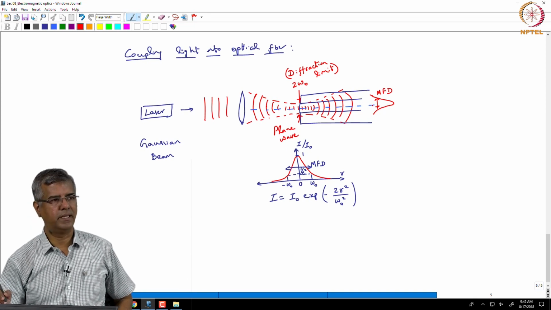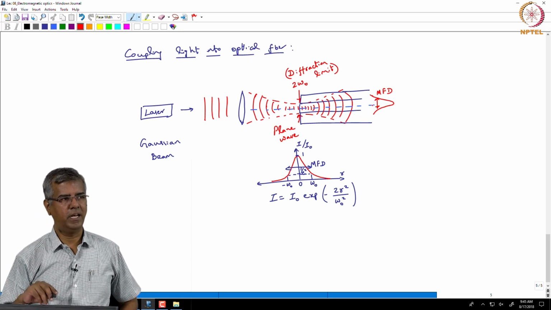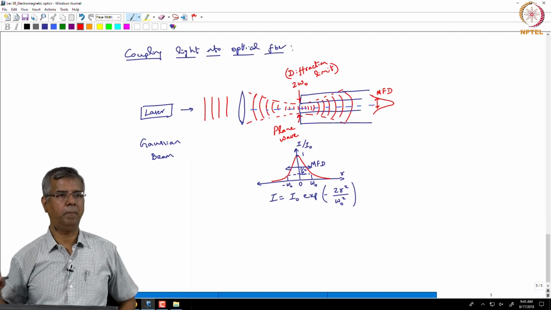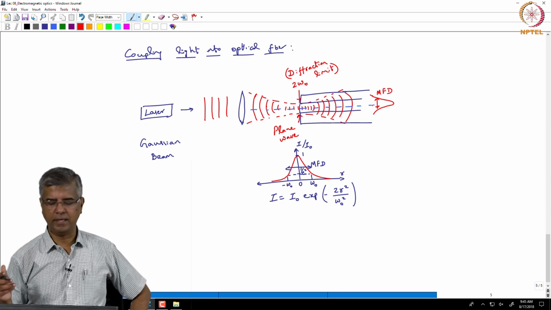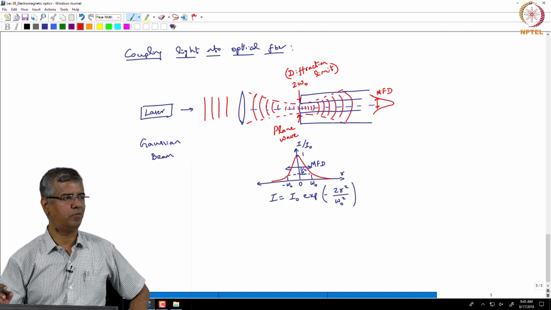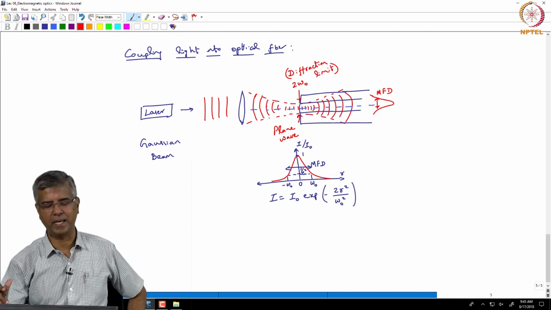Okay. You understand that? So the optical fiber will have a certain mode shape for its fundamental mode, and that mode shape is roughly a Gaussian shape, and so that Gaussian is going to have a characteristic diameter, which we call the mode field diameter.